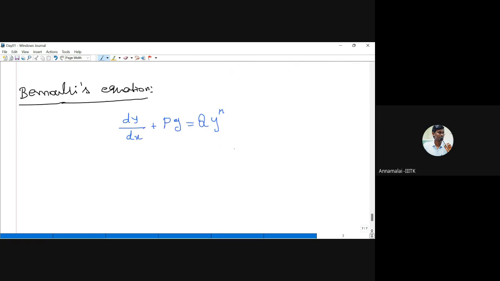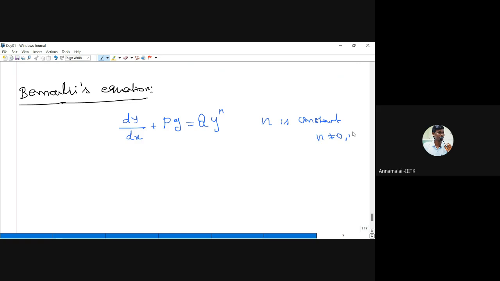Again, p and q are either constants or functions of x alone. For differential equations of this form, we call it a Bernoulli equation of order n. This n is a constant, but n cannot be equal to 0 or 1. Except 0 and 1, n is anything, n is 2 or 3 or anything.